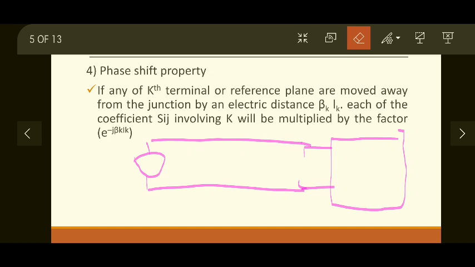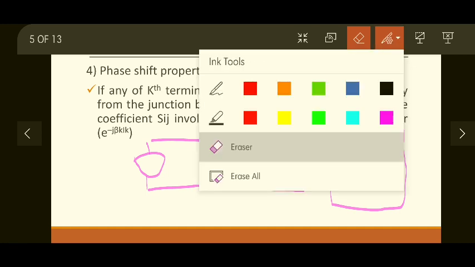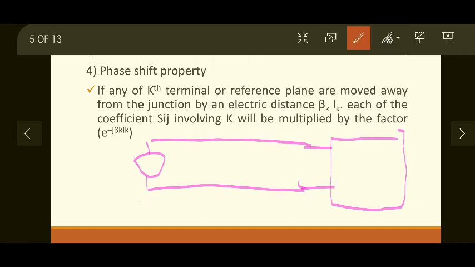This will definitely affect our S parameters. Let's say this is the distance, physical distance L, by which the terminals are moved away. So this L is a physical distance and the electrical distance will be beta L.